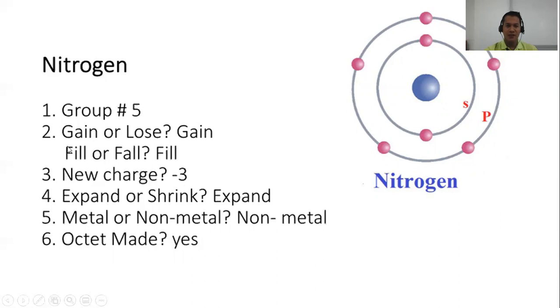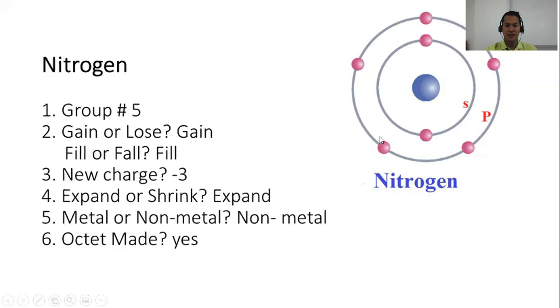All right, will this gain or lose? This will gain. What's the rule again? Gain or lose: if the element has greater than 4 valence electrons, it will gain. Fill or fall was the rule. The element with greater than 4 valence electrons in the outer shell will fill up.